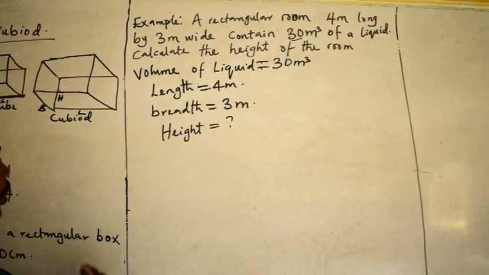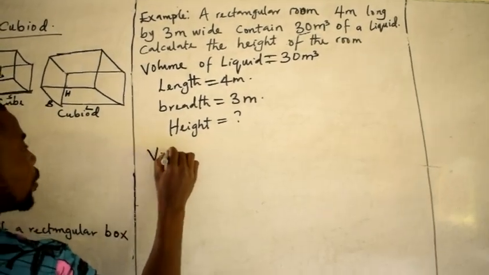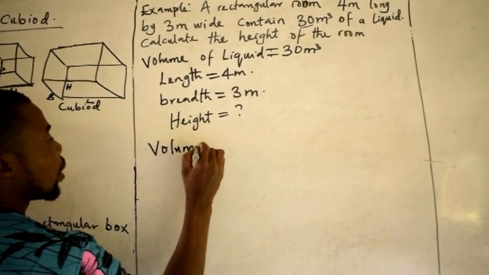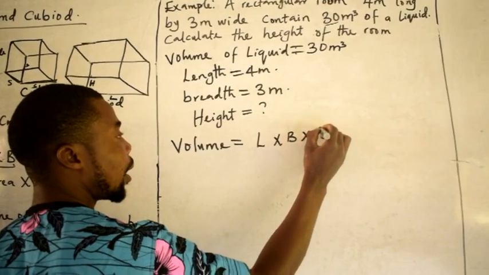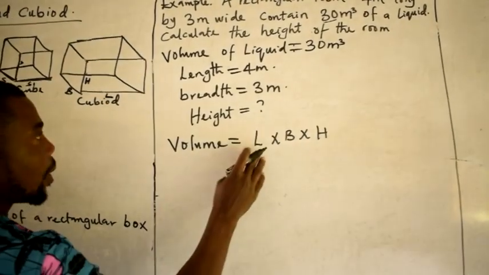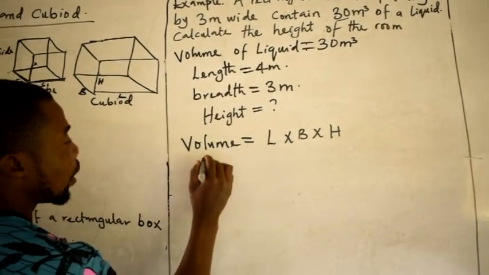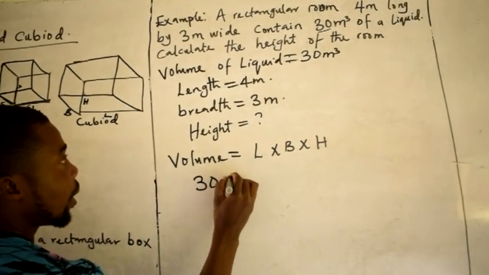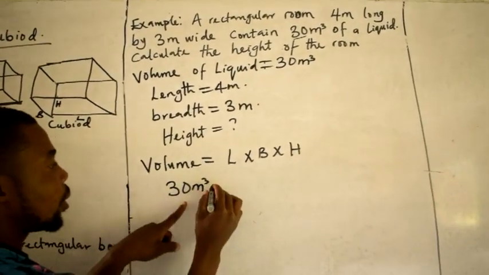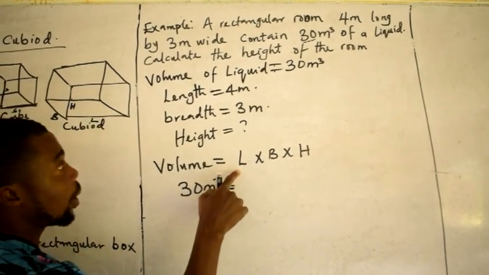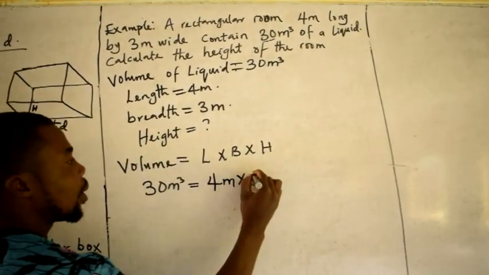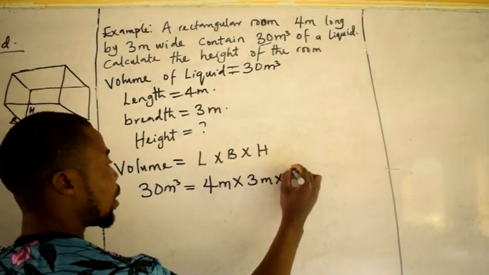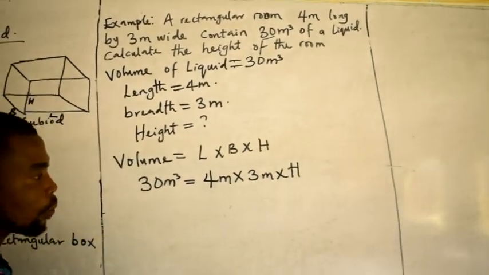If you look at the formula for calculating volume, volume is equal to length times breadth times height. Our volume is given as 30 meter cubed. This is equal to the length, 4 meters, and the breadth, 3 meters, times height. Height is what you are looking for.